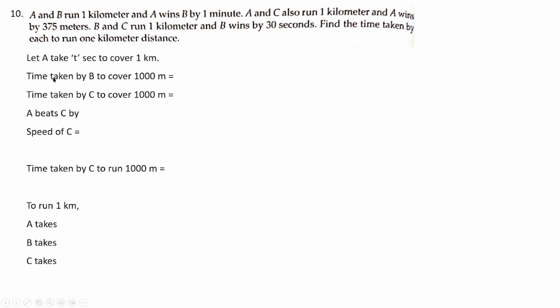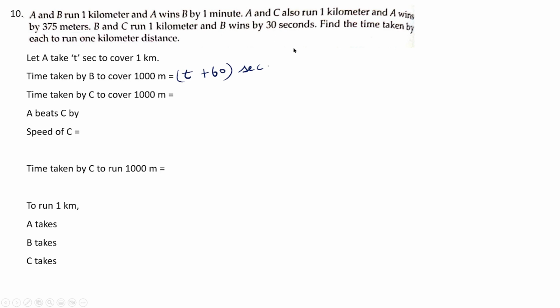So here let A take t seconds to cover 1 kilometer, that is 1000 meter. So time taken by B to cover 1000 meter will be, here it is given, when A and B run 1 kilometer, A wins B by 1 minute. So time taken by B to cover 1 kilometer or 1000 meter will be t plus 1 minute, or it is t plus 60 seconds. And then here it is given, when B and C run 1 kilometer, B wins by 30 seconds.